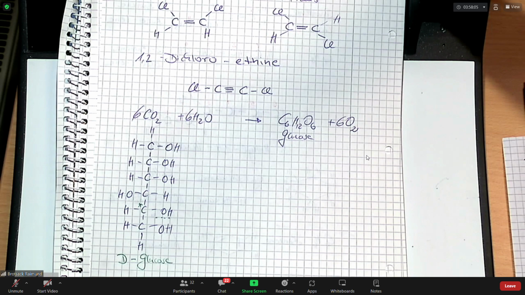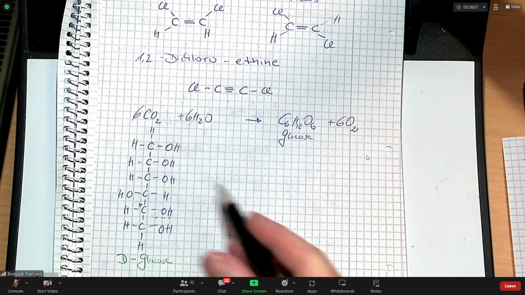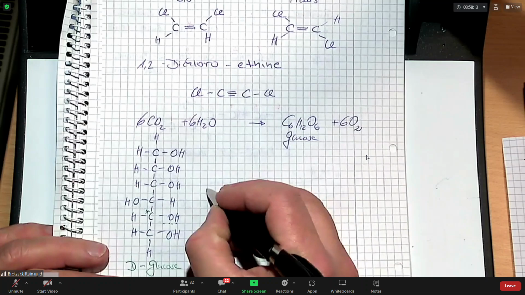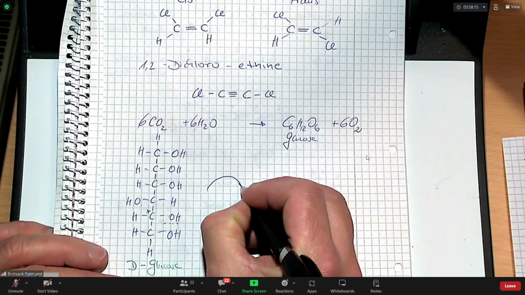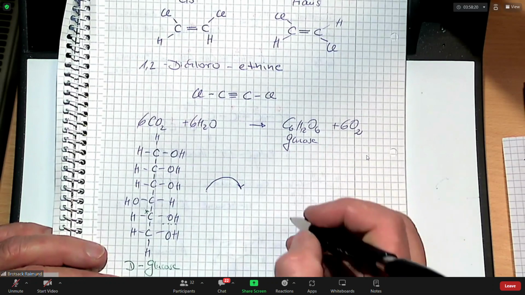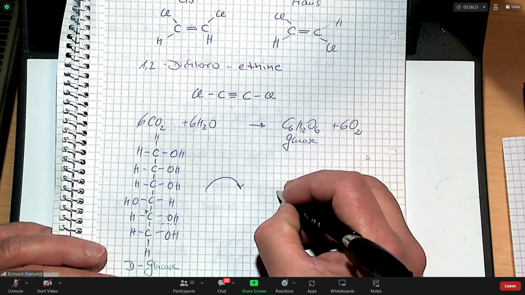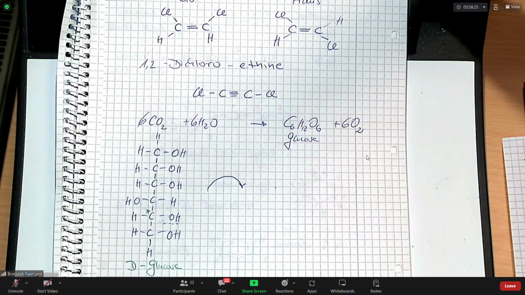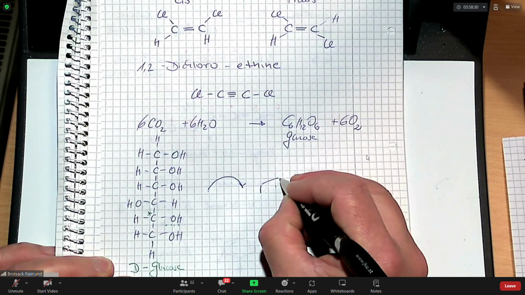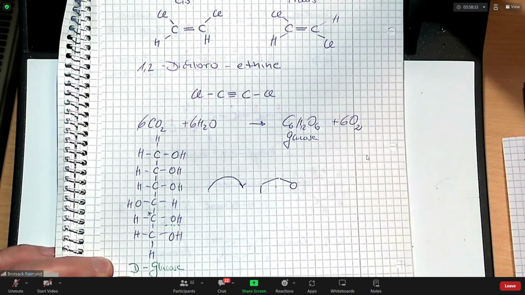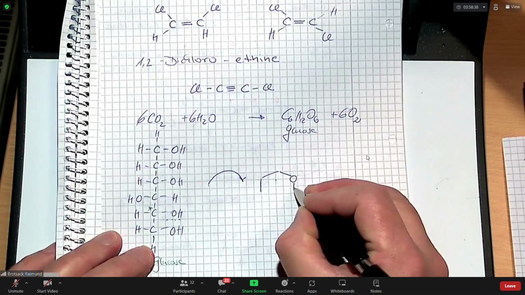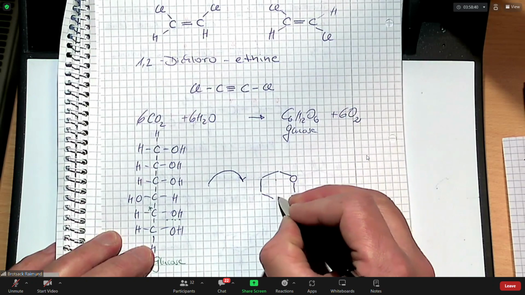Okay. So this molecule can be rearranged in a cyclic form. Cyclization. And the cyclic form is now here, looking similar to this one. One of the oxygen atoms is integrated into the cycle, and the other ones are used.